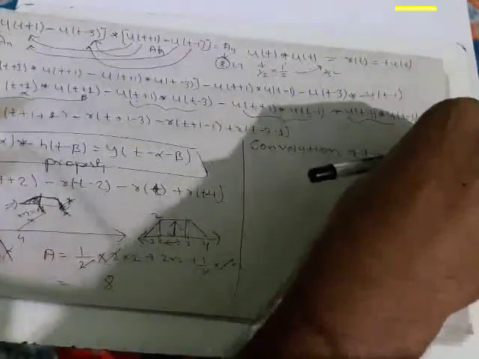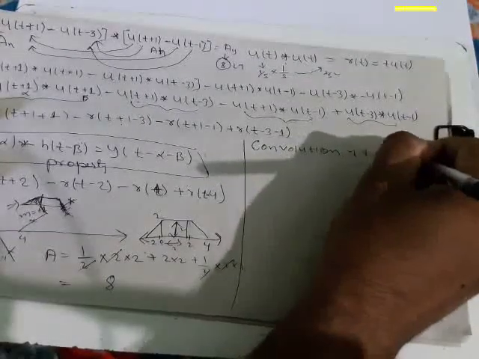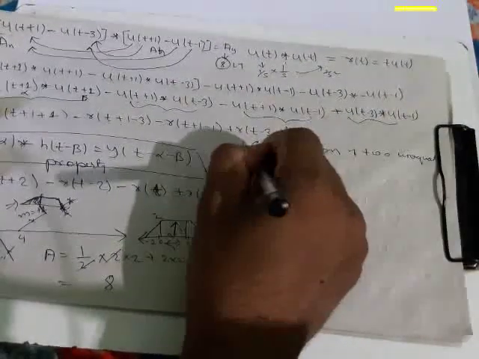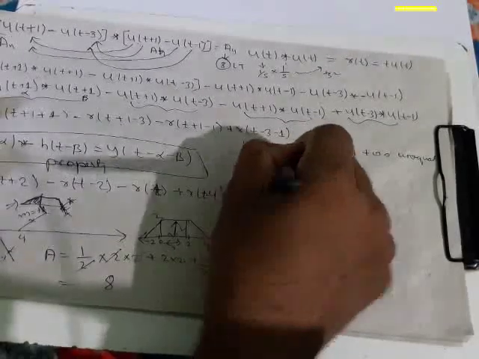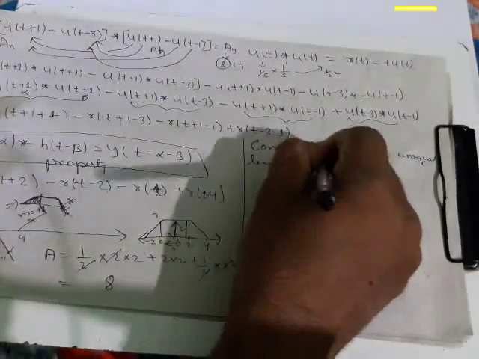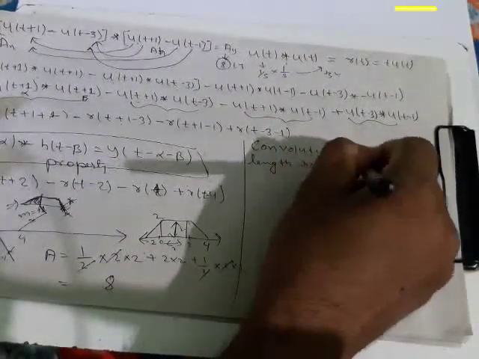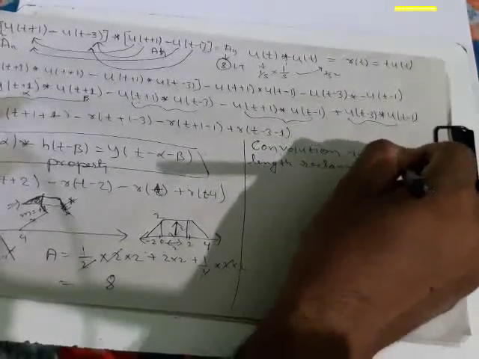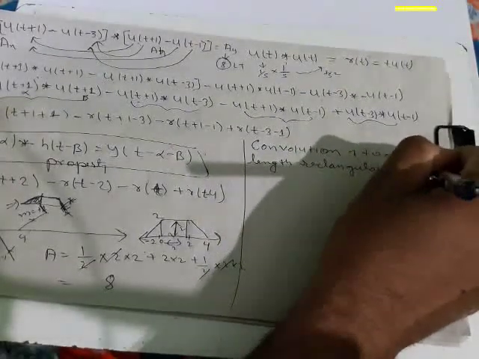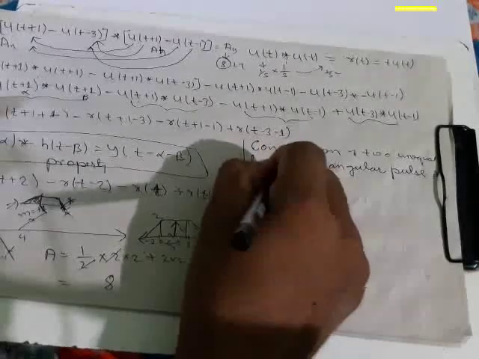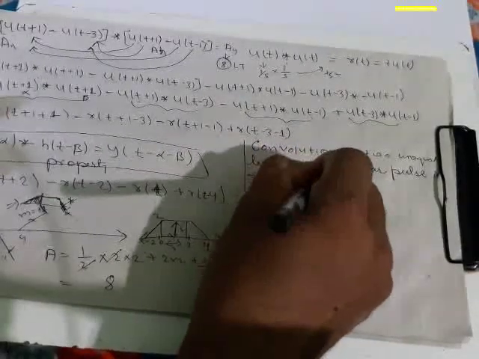Okay, if we convolve this signal, we have to express it in terms of step functions. How will we write this in terms of step functions?